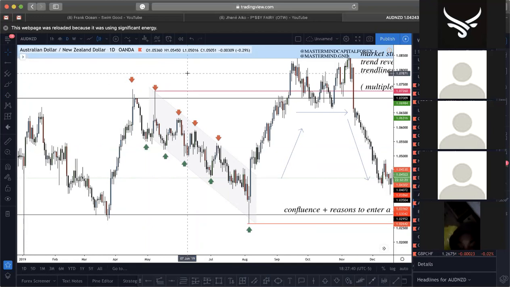So the market cannot surpass this level if it's a downtrend. It has to keep going down every time it makes a lower high, right?